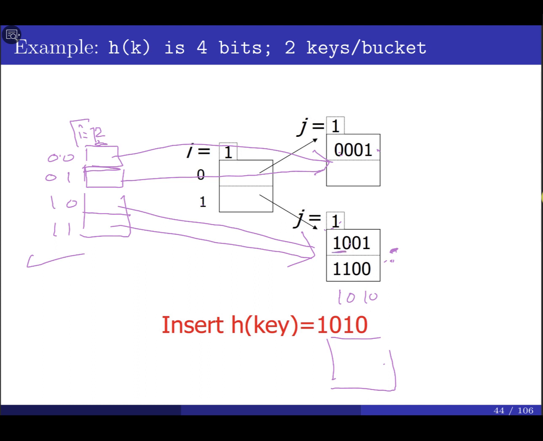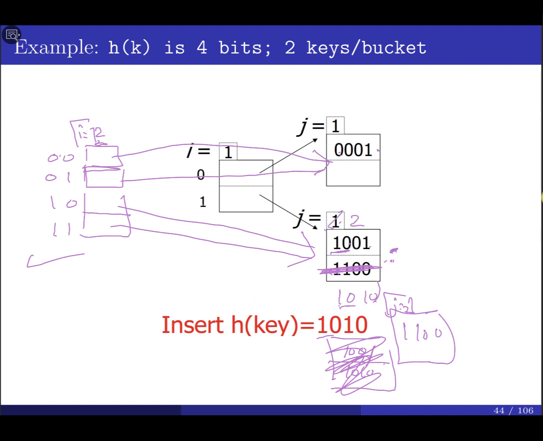So the first 2 bits, 10, is going to stay in the same place, 1001 and 1010. I don't care about the order within this one. Actually, I made a mistake here. So redistribute this one among 2 keys. This one is going to be moved here, and this one is going to be 1001 and 1010. Increase the value of j to 2 for both buckets.